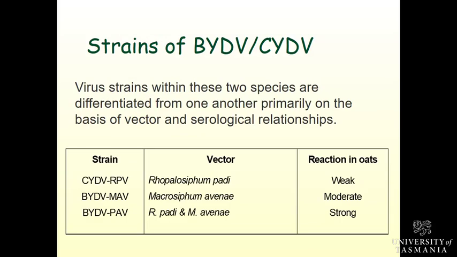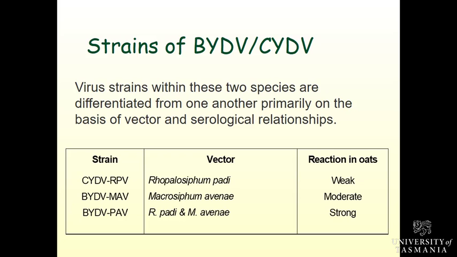So we've got strains of barley yellow dwarf, we've got strains of cereal yellow dwarf, and they tend to be spread by different aphid species. So CYDV, the RPV strain, is spread by Rhopalosiphum padi aphid. The MAV strain is spread by Macrosiphum avenae. The PAV strain is spread by both.